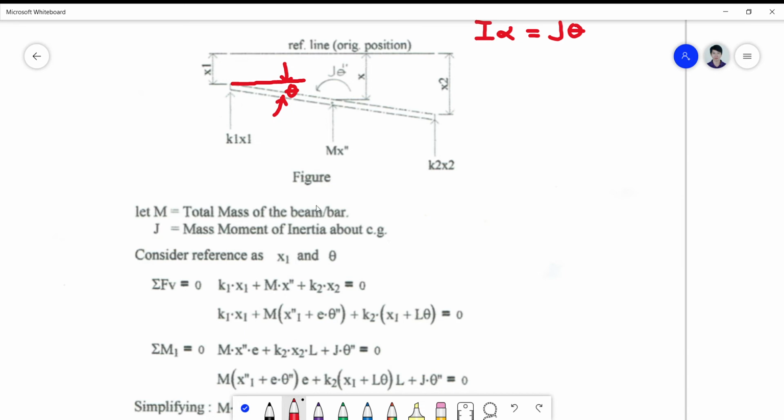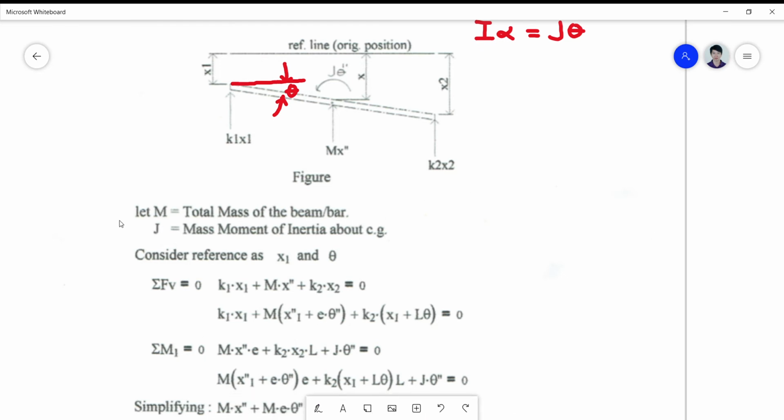So we can simply substitute this variable in terms of the theta variable and the x1 variable here. Your total displacement at this point will be simply x1 plus a certain eccentricity multiplied by theta.